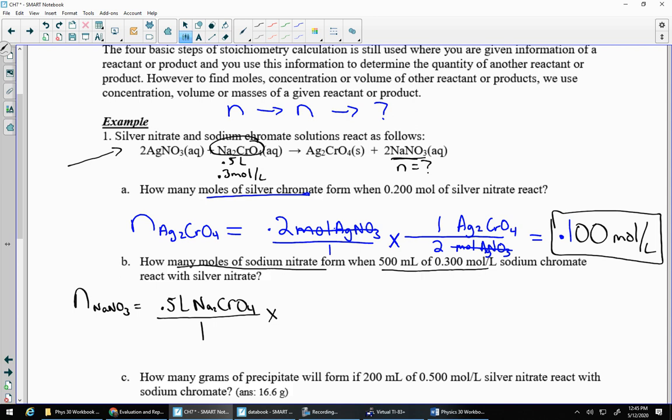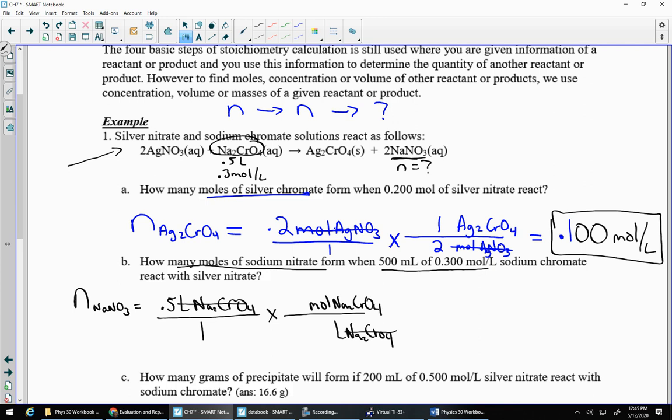Now I need to get rid of the liters and end up with moles. So that means liters has to go on the bottom, liters of Na2CrO4. It's important not to get lazy with that. We see that that whole piece cancels with that whole piece, and I want moles of Na2CrO4 on the top.